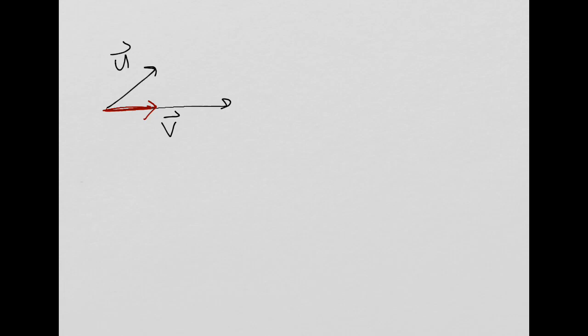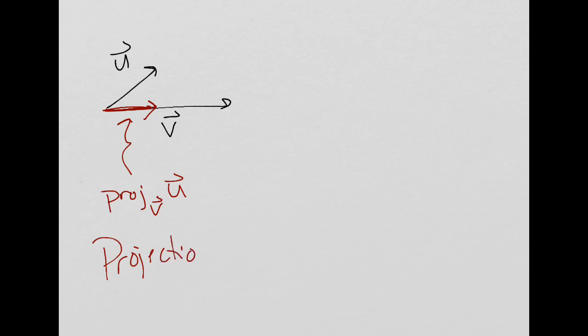And the name for that vector there, whose magnitude is based on the component of u in the direction of v, but which is actually now a new vector in the direction of v, is written proj subscript v of u, and this is the projection of u onto v.